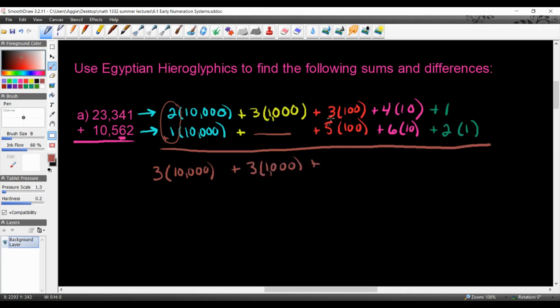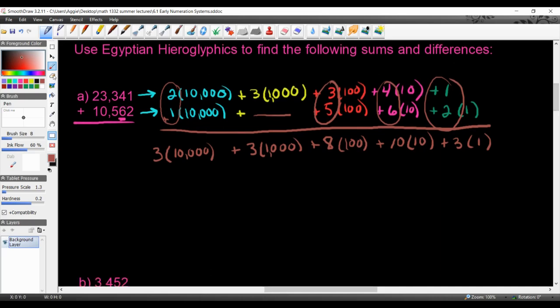Plus we have 8s here, so 8 100s, plus 4 times 6, that's going to be 10 tens, and then 1 plus 2, so 3 ones. What I did is I combined them here so I can do the picture one time. Well, maybe one time. We'll see how it goes.